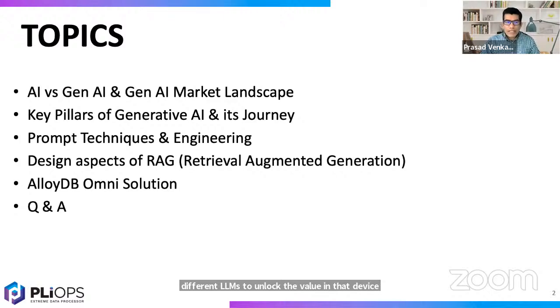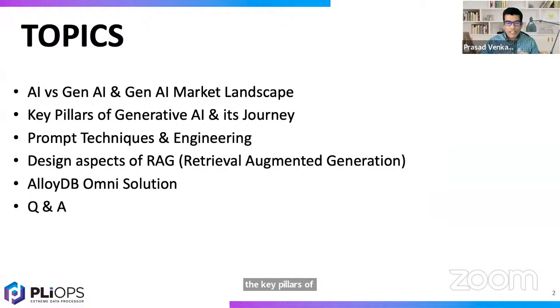As part of this webinar, the key topics we'll be discussing: One is a high-level look at the differences between AI and generative AI, and how the generative AI market landscape is expanding. When you are thinking about building generative AI in your enterprise, what are the key pillars of generative AI you have to think about, and how do you embark on this journey?